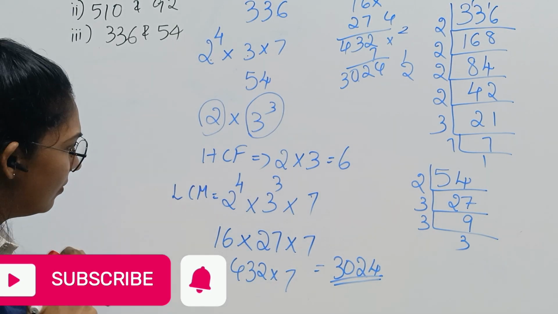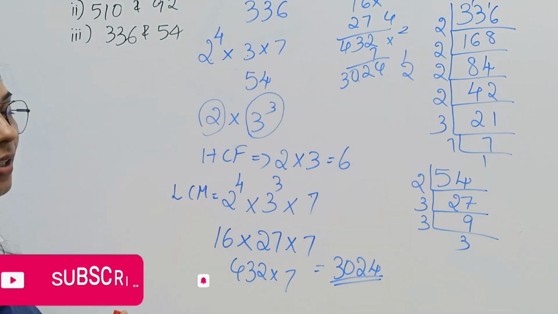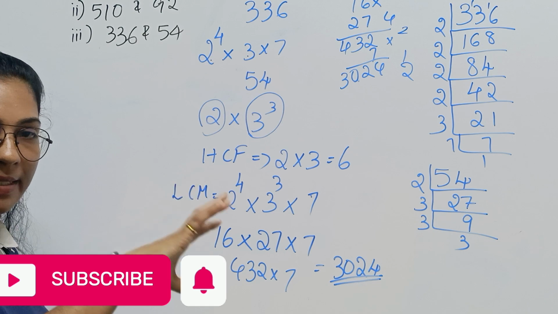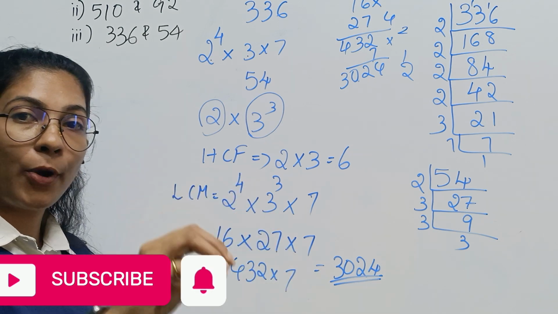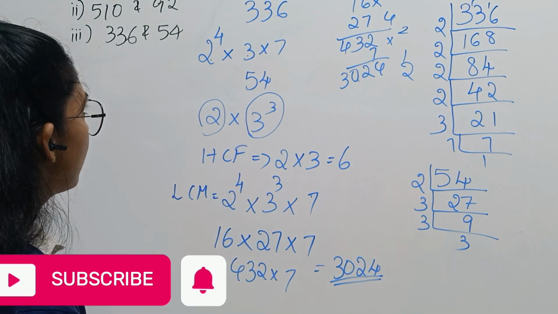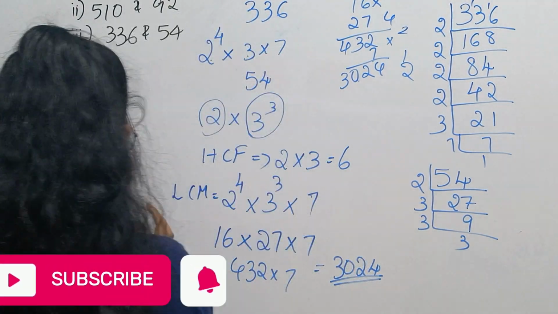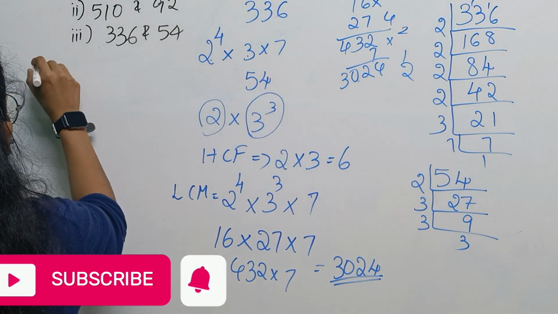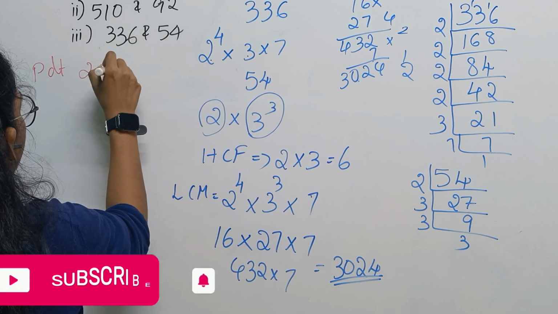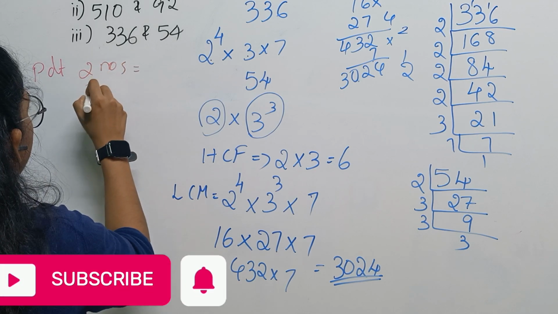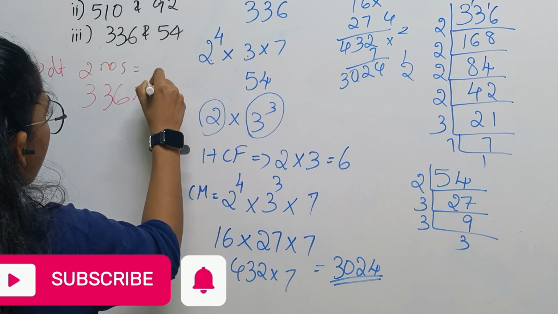Okay, now let's verify the equation. The product of HCF and LCM is equal to the product of two numbers. Okay, so what is the product of two numbers? The product of two numbers, that is 336 into 54.